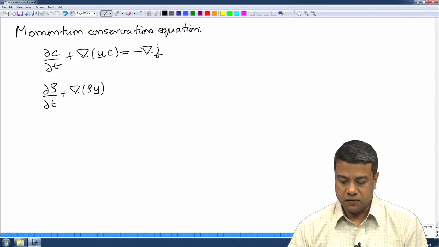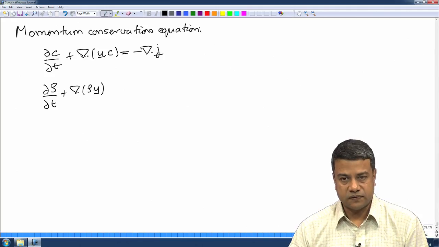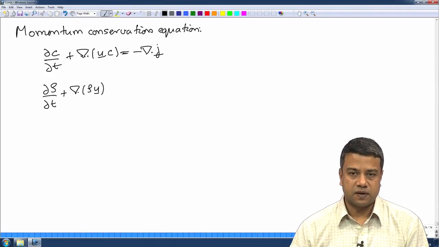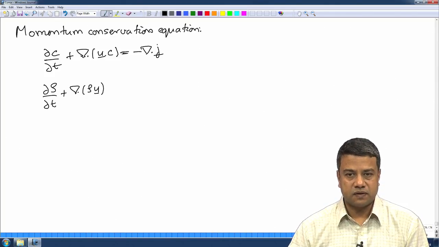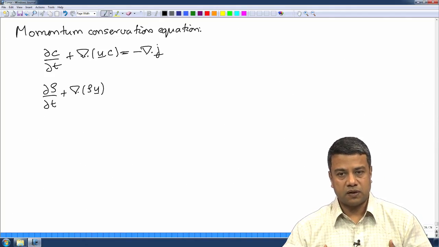The left hand side is exactly the same. Note that u vector is the center of mass velocity. It is the velocity moving with the center of mass of the fluid. In a reference frame moving with the center of mass of the fluid, there can be no diffusion of mass. Diffusion is a flux of one particular constituent relative to the center of mass.